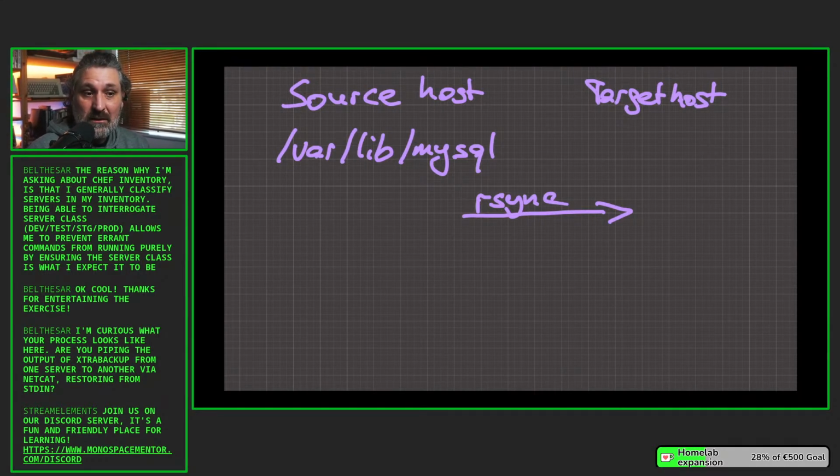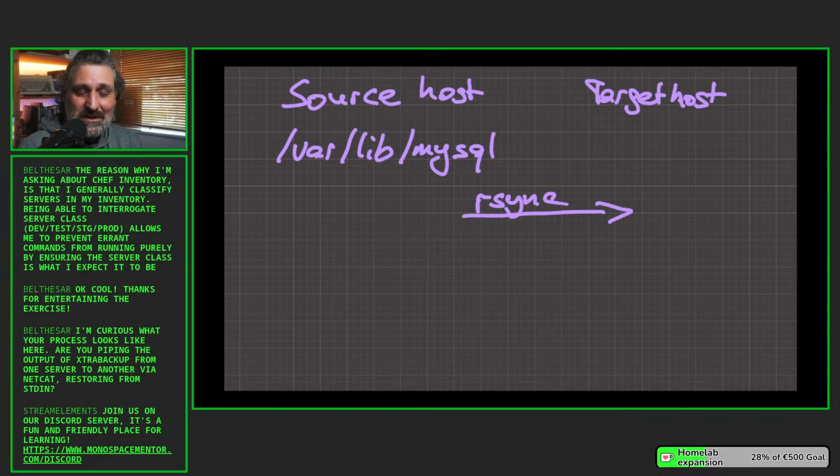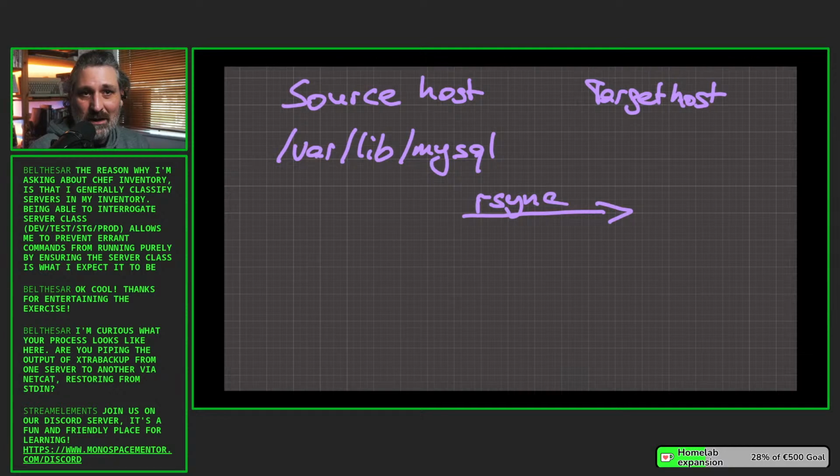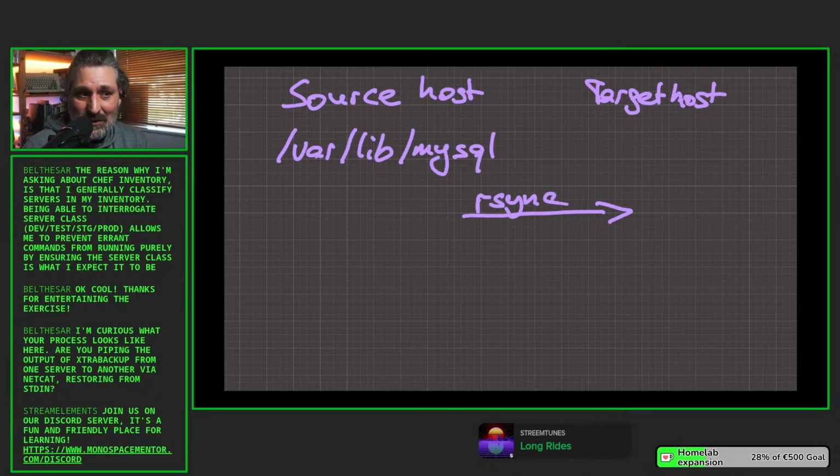That copy will, of course, be completely inconsistent because there were writes happening even during your rsync, and especially if you have relations between tables, you might already have copied table A where a record was added, or where a change was not yet made, and then you copy table B where a related change has already been made.